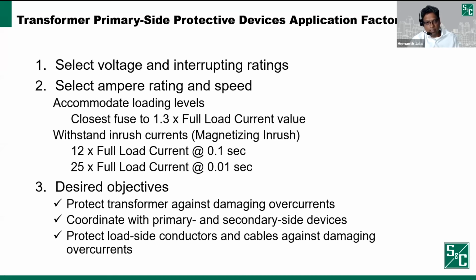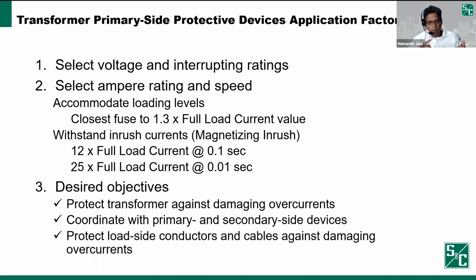The next one is you need to make sure that the inrush currents, we're only looking at the magnetizing inrush here. You want to make sure that that particular fuse can handle any potential magnetizing inrush. There are general rules of thumb that industry has used in the past, which have been validated by testing.